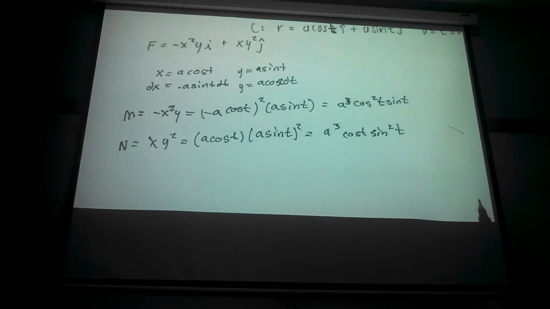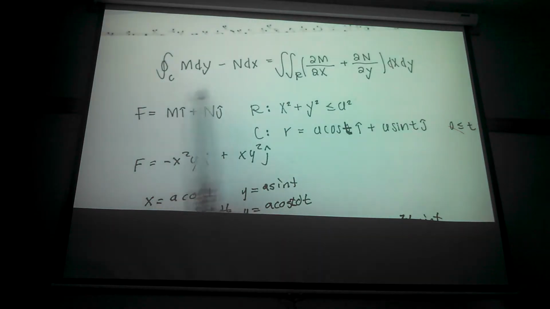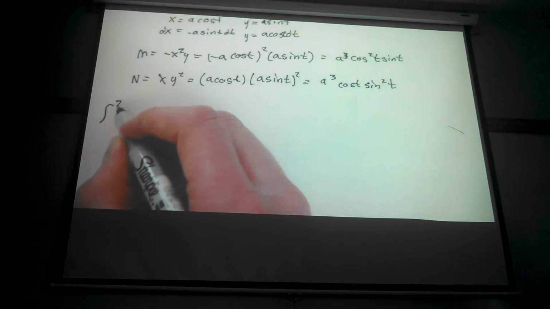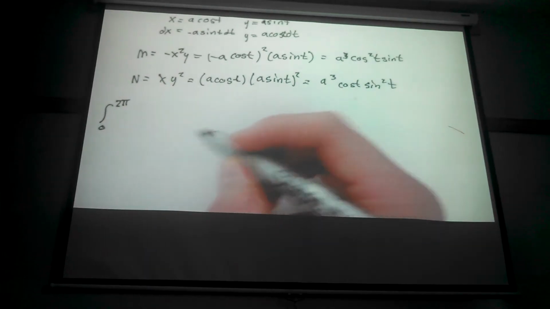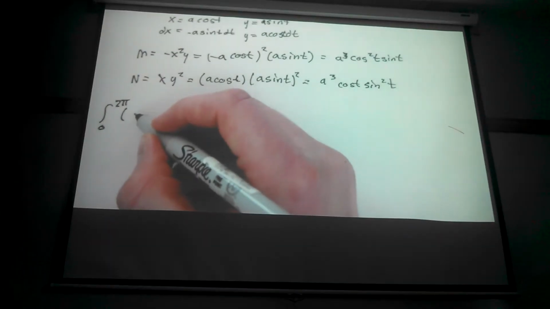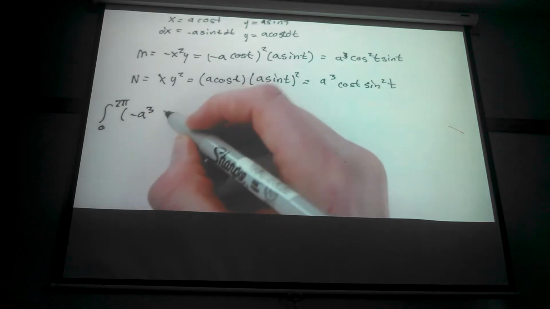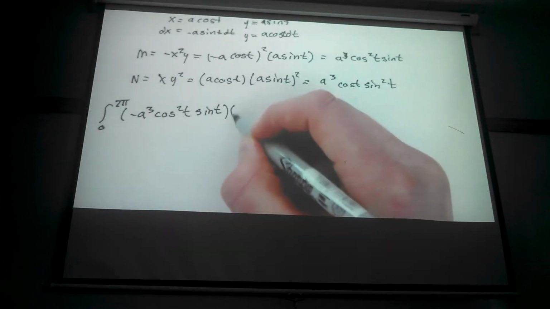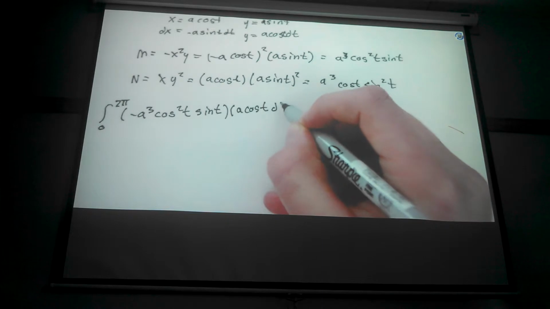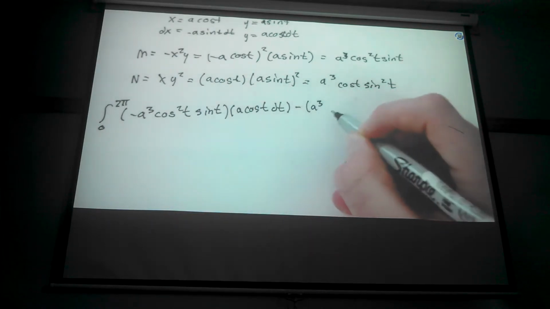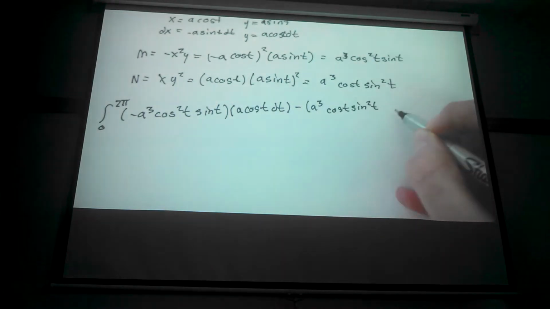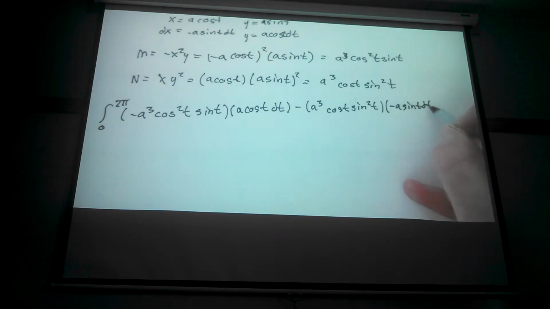Okay, now using the first method, plugging into this form, we have our integral, and our bounds of t are from 2 pi to 0 of negative a cubed cosine squared t sine t times a cosine t dt minus a cubed cosine of t sine squared t times negative a sine of t dt.